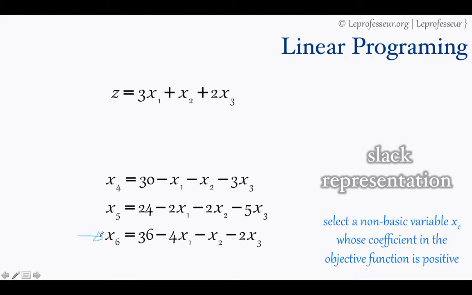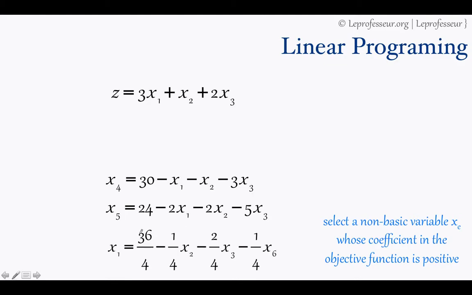Let's see how we can find the value of x1 from the last equation. We were focusing on x1, and we can find x1 from the third equation in terms of x6.